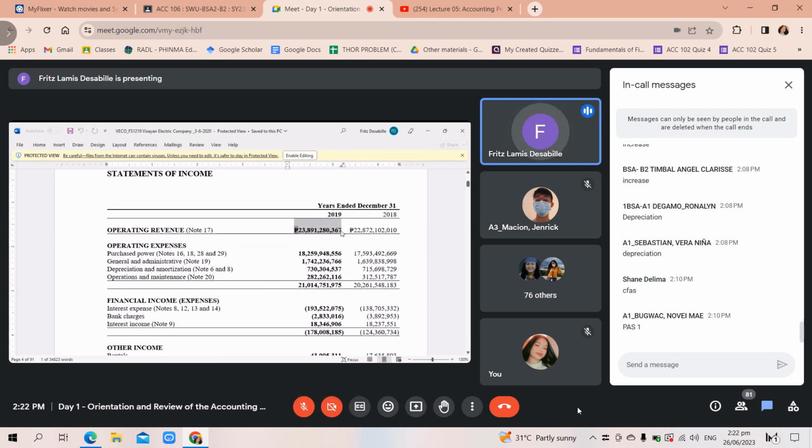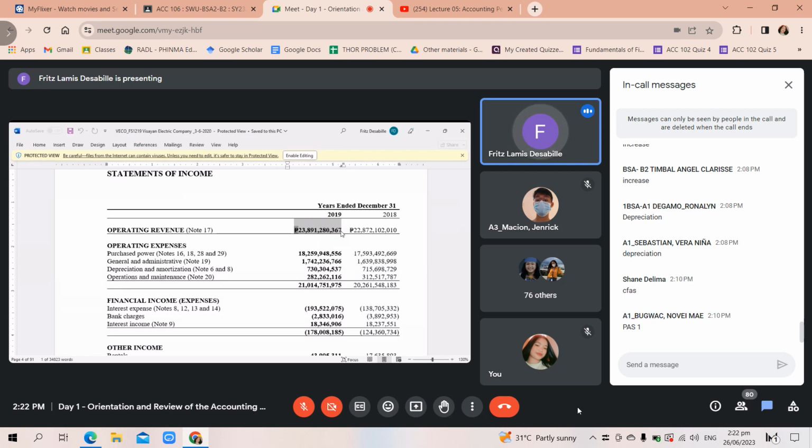Earlier, it was a point in time, the property and debts as of December 31, 2019. Income and expenses pertain to performance over a period. This income is their income or revenue from January 1 to December 31, 2019.